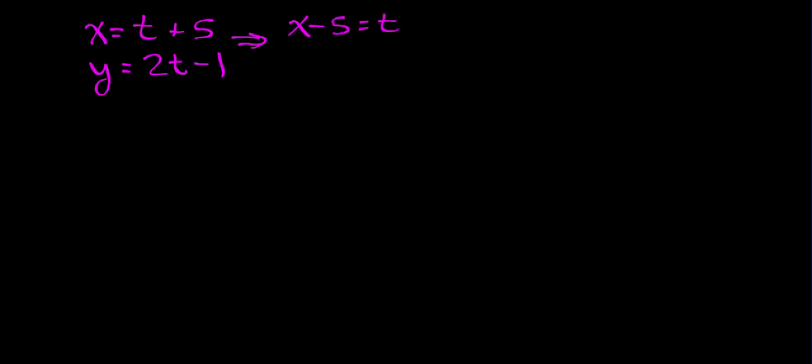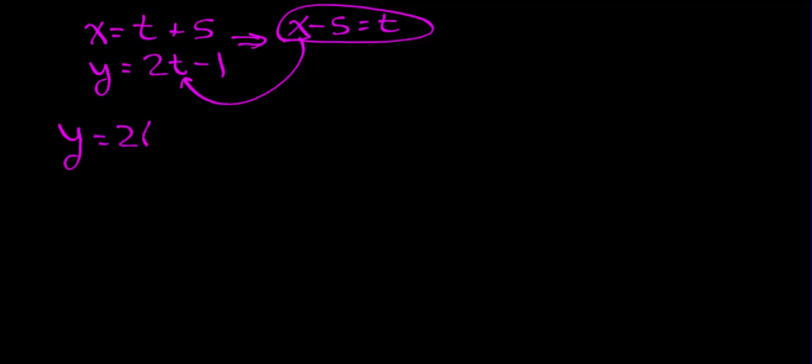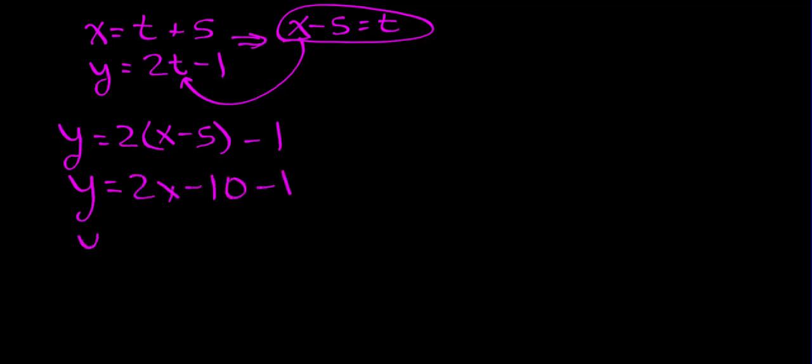Now I want to take that and put it in the other equation for t. So y equals 2 times (x minus 5), minus 1. And there you have it. There's no more parameter. I've got 2x minus 10 minus 1, that's y equals 2x minus 11. Now, there's no t in there. I've eliminated the parameter. I didn't have to solve the equation involving x for t. I could have solved the equation involving y for t. Either way, it would have worked out.